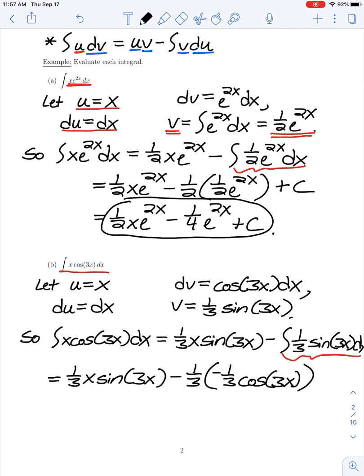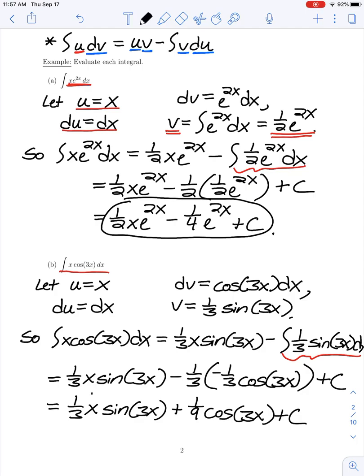And at this stage, once I've evaluated all of my integrals, I can include the constant of integration, plus c. Simplifying a little bit, we have 1/3 x sine of 3x plus 1/9 cosine of 3x plus c. So this would be the most general antiderivative of that given function.